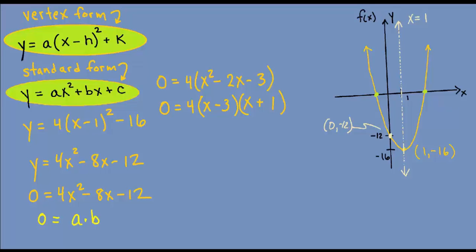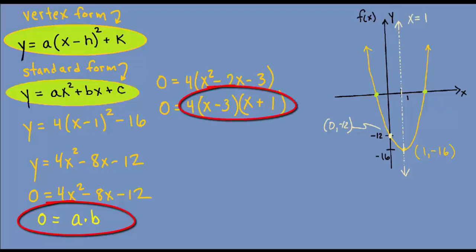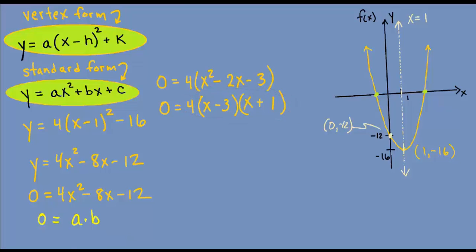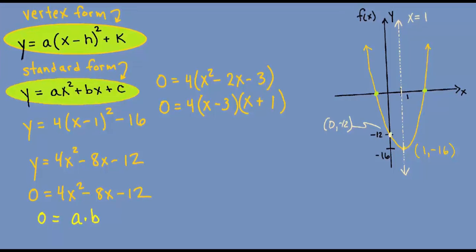Because remember, when I have things multiplying together to equal 0, that's this a times b equals 0, over here, I actually have three things multiplying to 0, but the concept remains the same. I have a 4, an x minus 3, and an x plus 1. So if any of those things equaled 0, then this whole thing would equal 0, and we'd solve the equation.